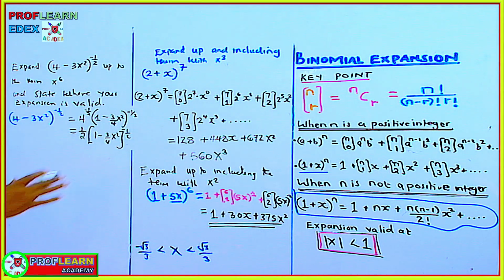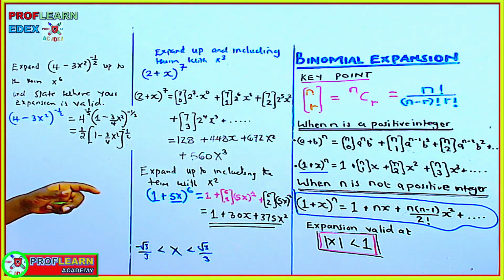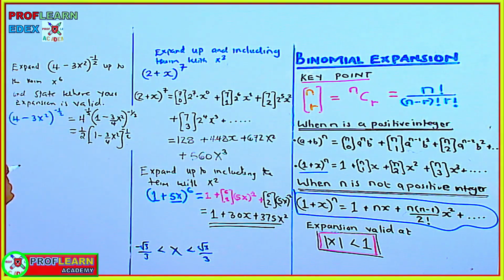Now this is where we are going to apply the binomial expansion up to the term including x raised to power 6. Let me just write it here. Now my expression becomes 1/2 into bracket 1 minus 3/4 x squared raised to power -1/2.